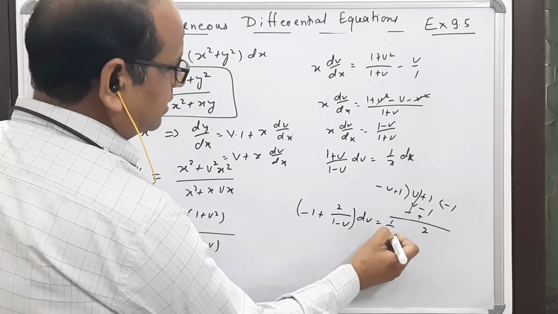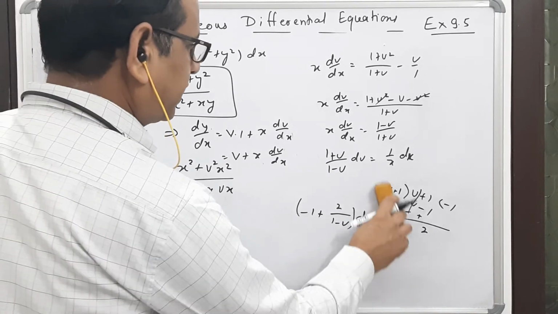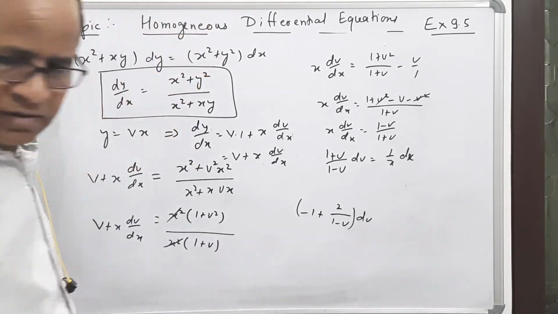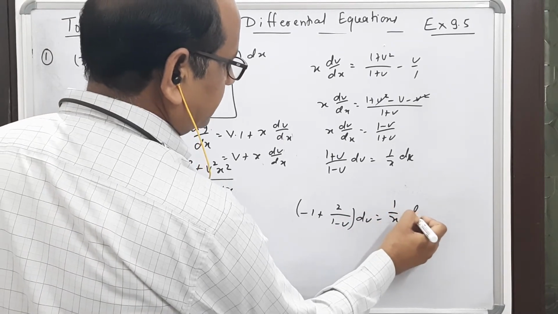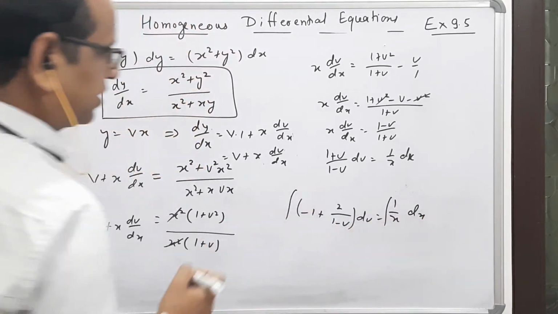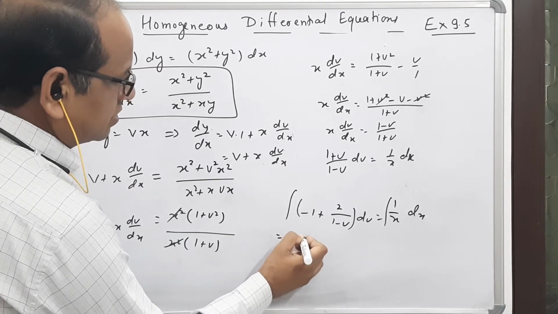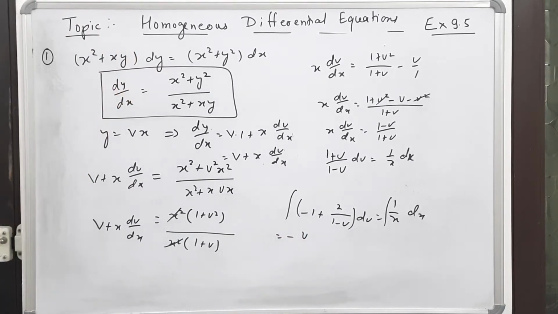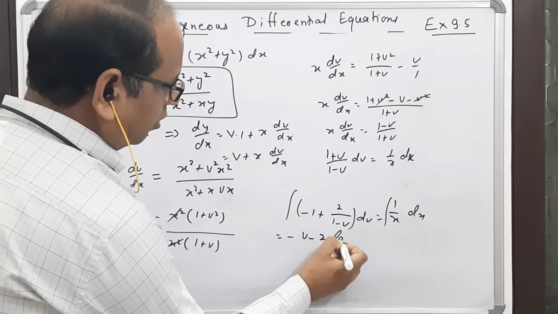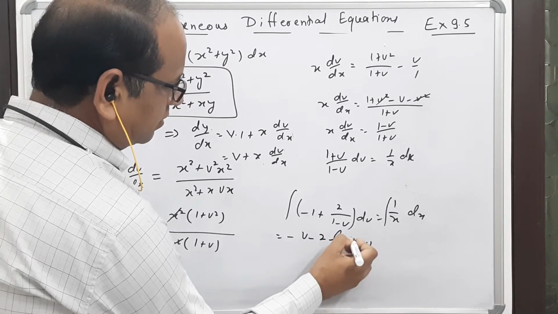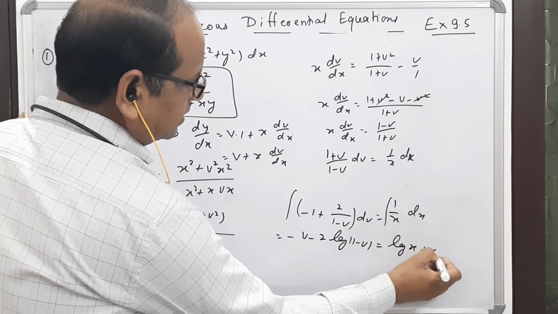And this side it is the division I already explained to you. Now I am rubbing this part. So here it is 1 upon x dx, and now we integrate it on both sides. So when we integrate, this is minus v, and it is minus 2 log (1 minus v), and this side it is log x plus c.